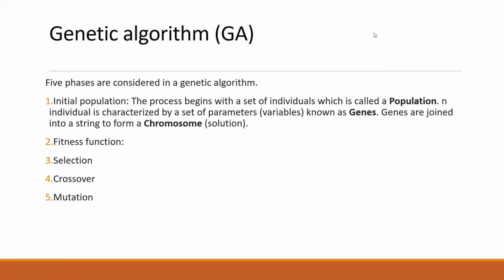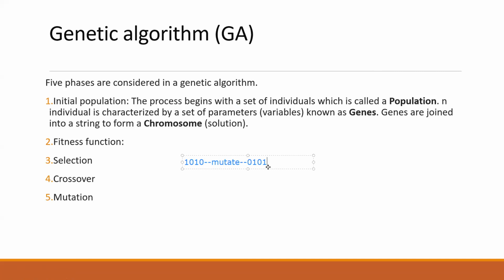Let us say we have some value like 1010. If I want to mutate it, then after mutation the 1s will be converted into 0s and the 0s will be converted into 1s. So the result will be 0101. This is how mutation is done in the genetic algorithm.